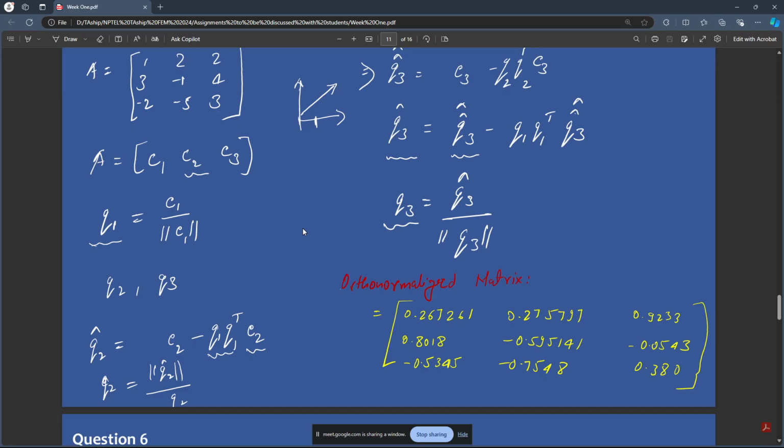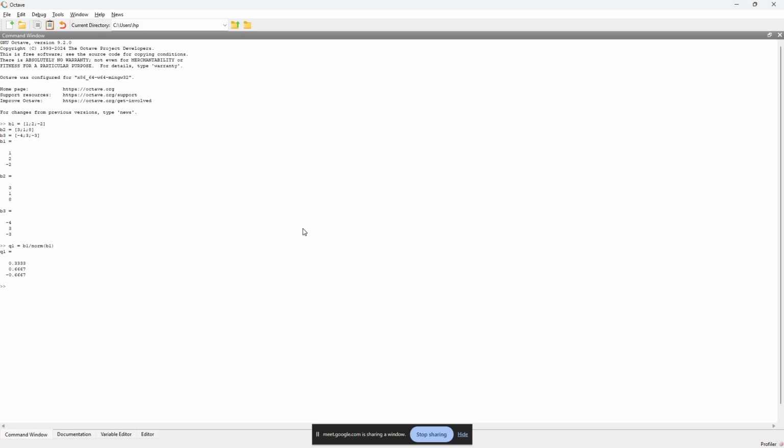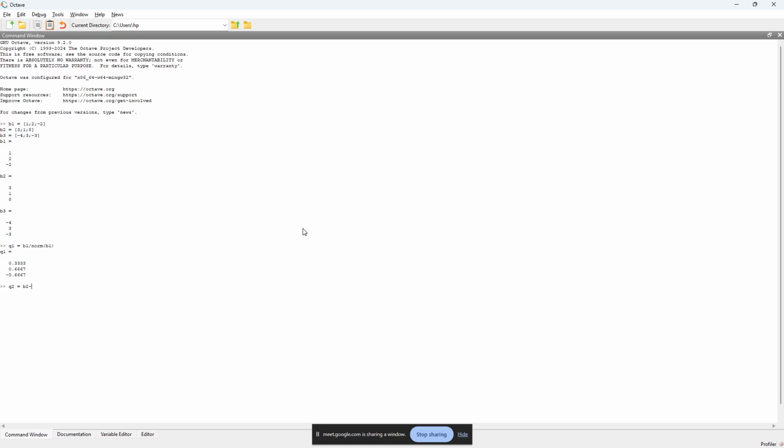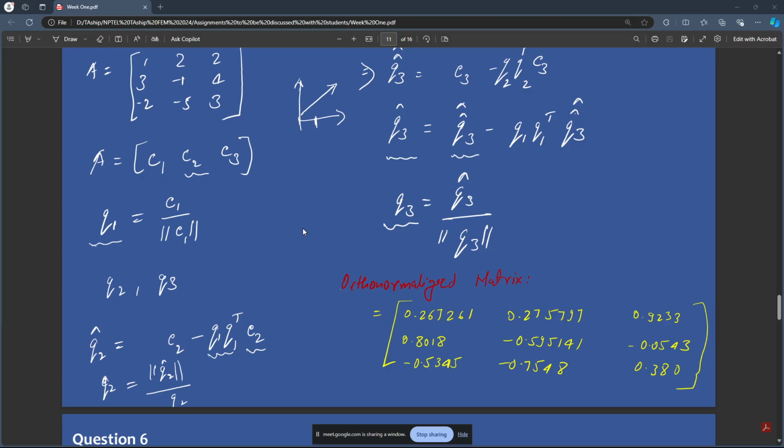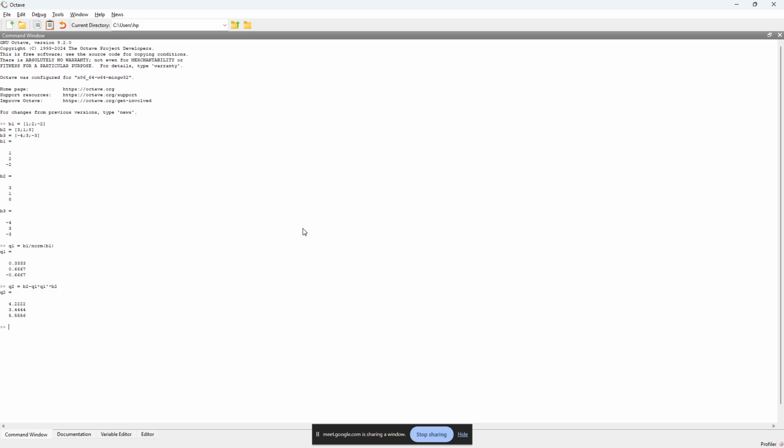This is what you're getting, right? Yes. Now for getting Q2 you need to take E2. Your E2 is B2 minus Q1 into Q1 dash into B2. This is your Q2 cap.